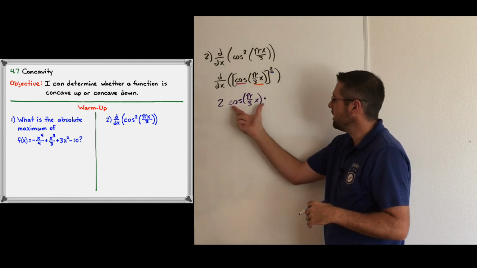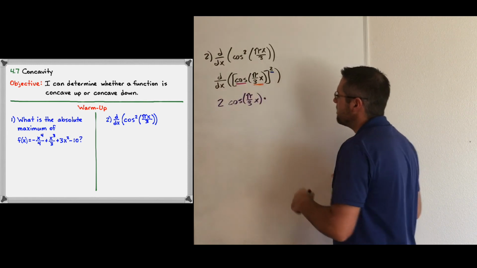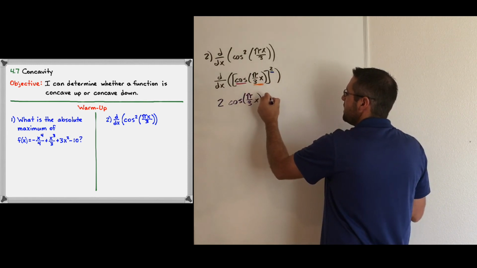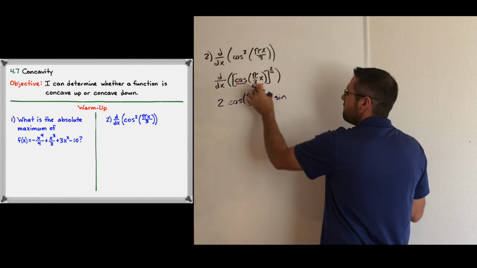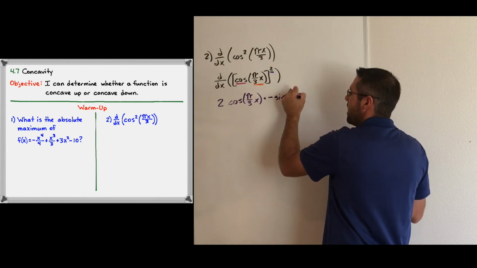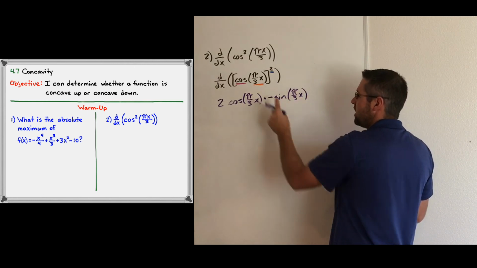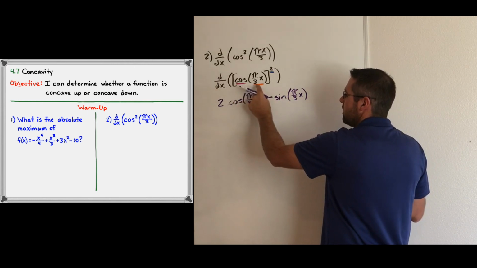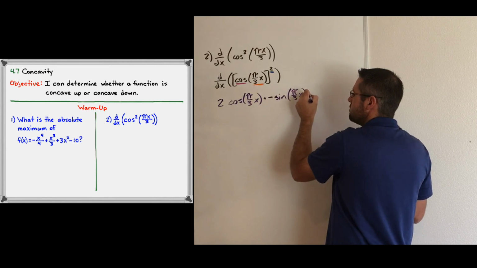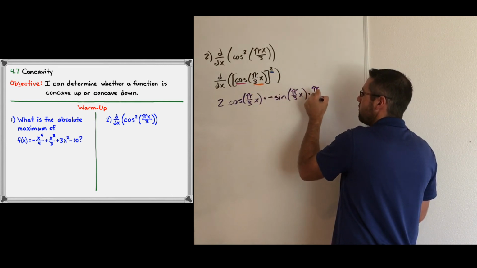So now we're looking at what is the derivative of the cosine function. Well, the derivative of cosine is going to be negative sine of whatever you're taking the cosine of. So it's negative sine of pi over 3x. And then we have another chain because we have something inside the cosine. The derivative of the inside of cosine, the derivative of pi over 3x, is just going to end up being pi over 3.